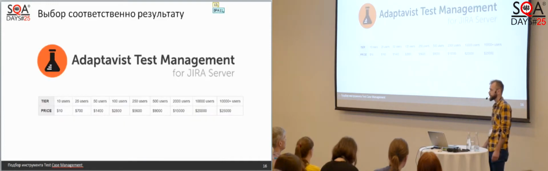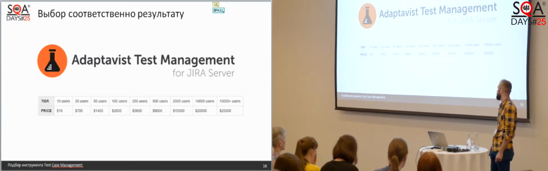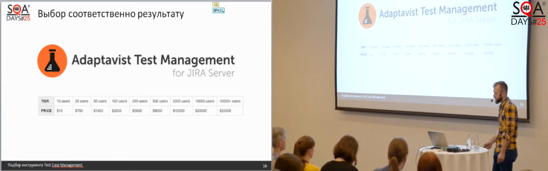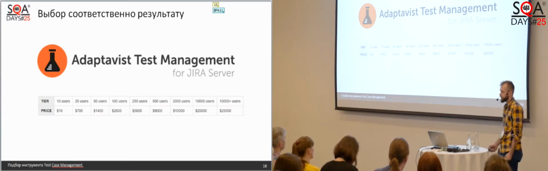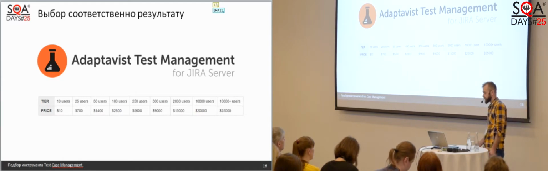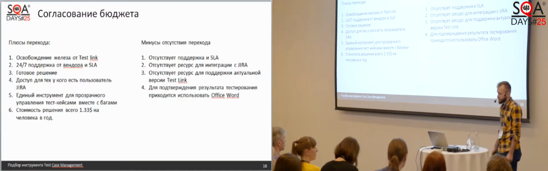So we opted for Adaptivist test management. The price is provided for reference. This information is publicly available. This was our selection, and we had to give it a push forward to convince our management to use it.